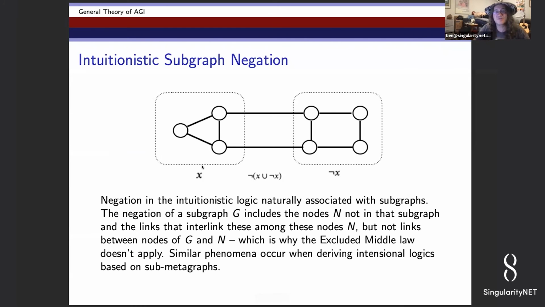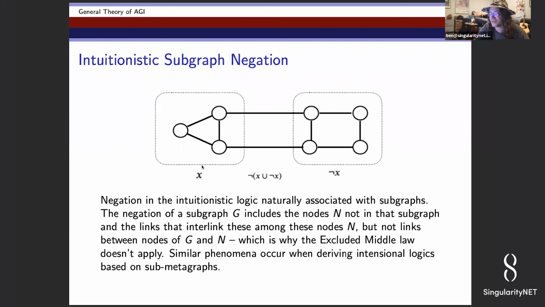And the reason this is an intuitionistic logic has to do with the nature of negation here. I mean, in this sort of Heyting algebra on subgraphs or submetagraphs, if you have a graph X, the negative of that graph X is a collection of nodes that aren't in X and the links among them, but neither X nor not-X subgraph contain the links between the nodes in X and the nodes in not-X.